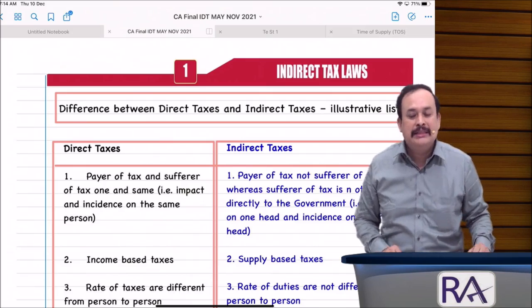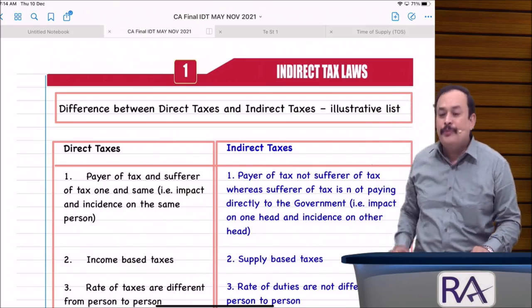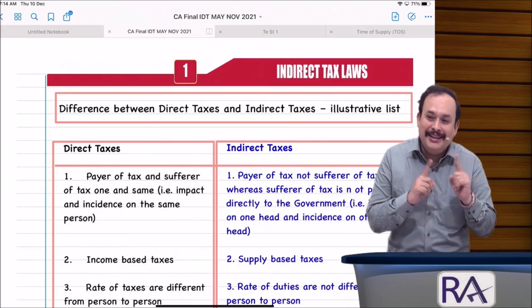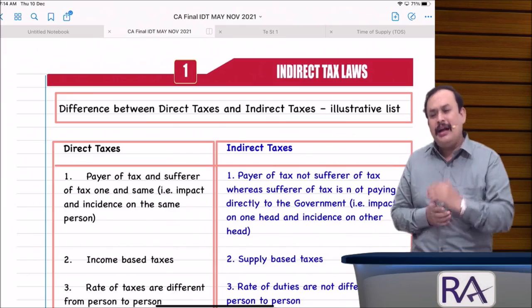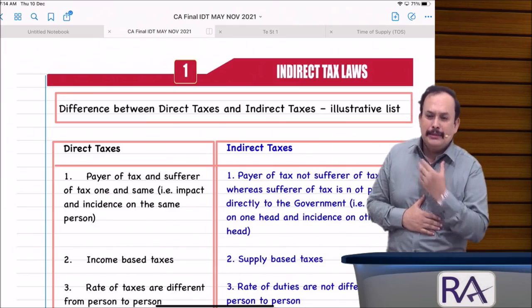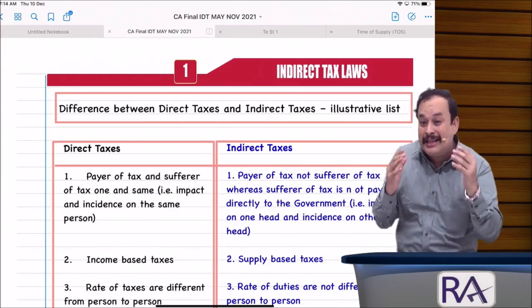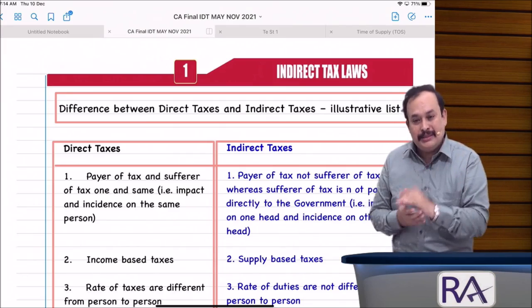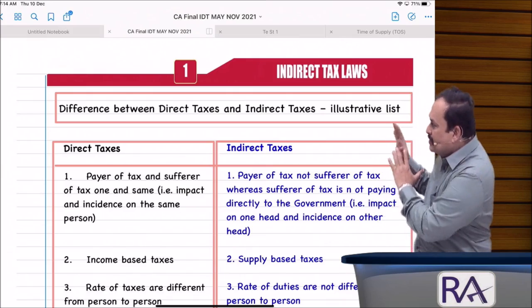So in that manner, I am first bringing in front of you differences between direct and indirect taxes. I am going to explain to you much more than what you are keeping in your mind. Practically I am presenting. Let us look ahead first.